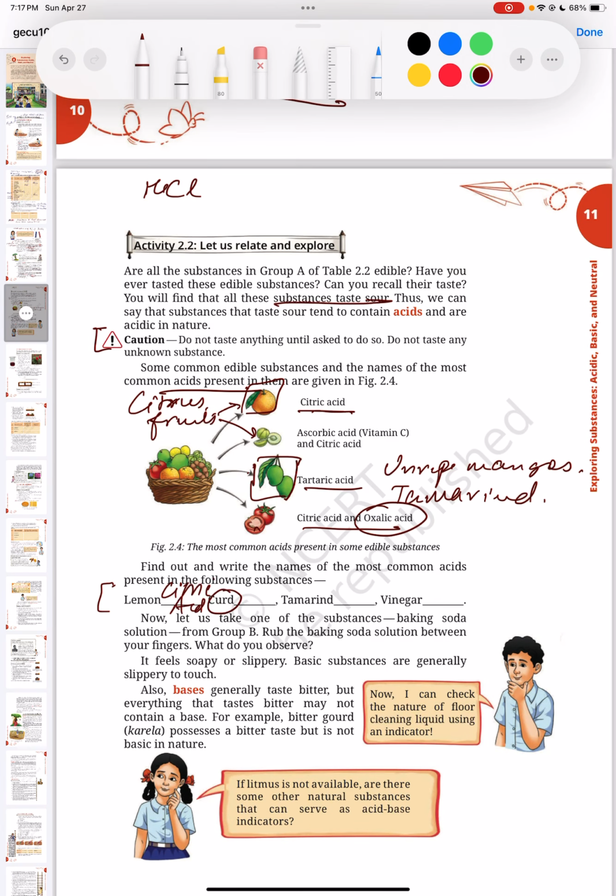What about curd? So curd contains mostly lactic acid, right? And how is this lactic acid formed? So curd, if you remember, is formed from the lactofermentation of milk, right?